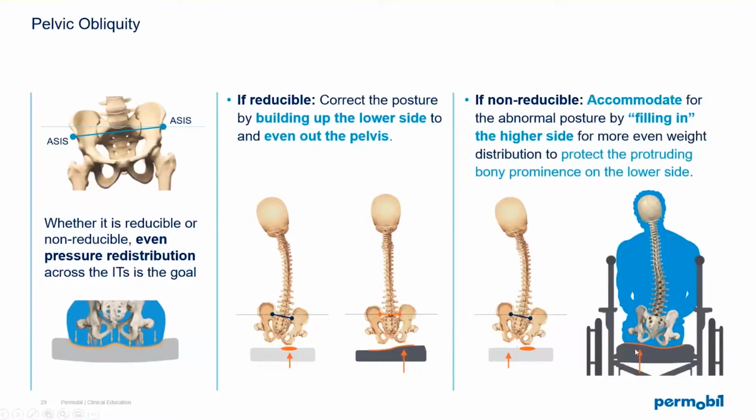And by building up the cushion, then what I'm doing is now both sides are evenly having pressure enter the ITs. They're not even, they're not both in midline now, but pressure is entering evenly throughout both the ITs. So again, your goal is to fill in the gap, prevent it from getting worse because now it's supported, and you want pressure to evenly enter both sides to decrease the risk of a pressure injury.